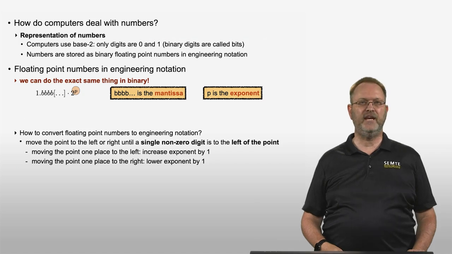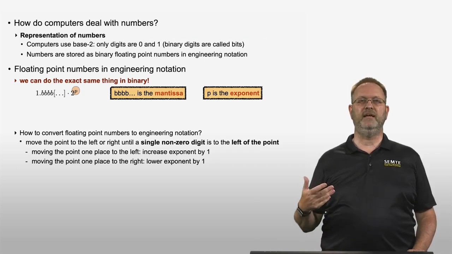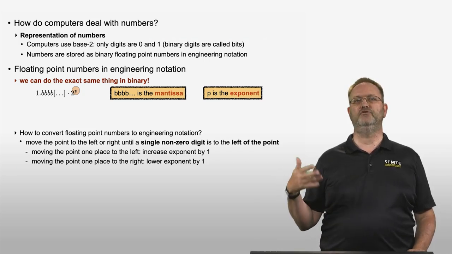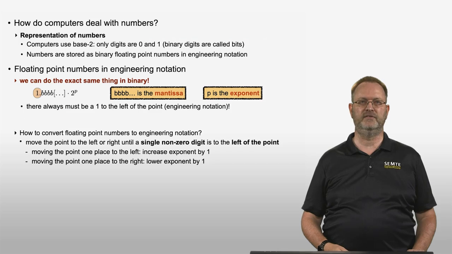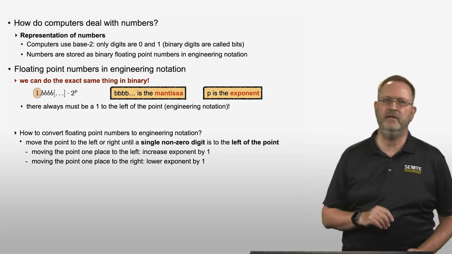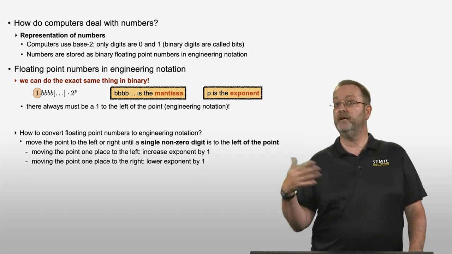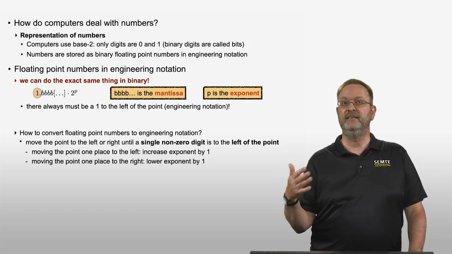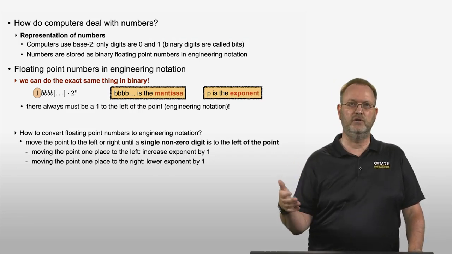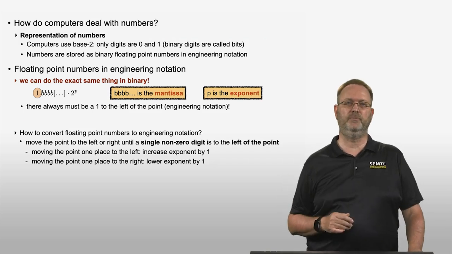We still have an exponent, except that it is taking the power of our base 2 instead of base 10 in decimal. Now, there always has to be the number 1 to the left of the point, because engineering notation requires that there is a non-zero digit to the left of the point.